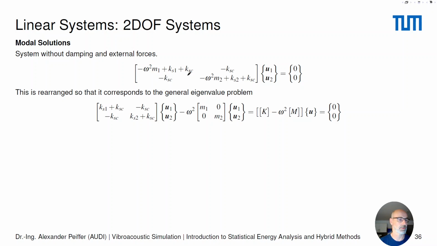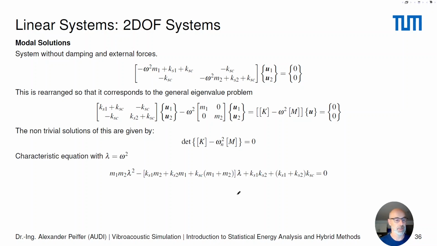We subdivide and rearrange the terms in such a way that all those which have no omega squared are on the left-hand side, and this gives us the stiffness matrix, denoted by K. All those terms that are mass related, and therefore contain a squared omega value, form the mass matrix, and this is written in such a way, and this is supposed to be 0 as there are no external forces.